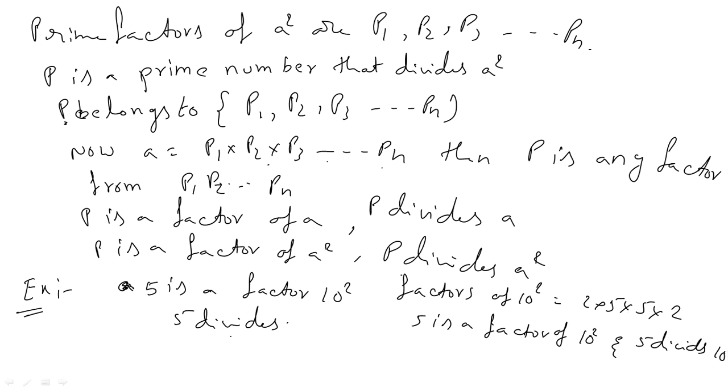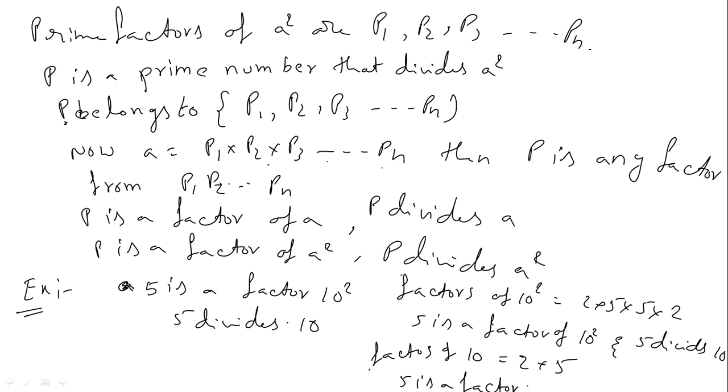Same way, 5 divides 10. Let's check the factors of 10: 2 into 5. So 5 is also a factor of 10, so 5 divides 10. Okay, is it clear?